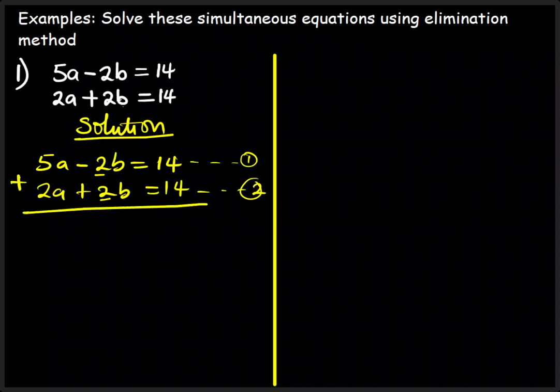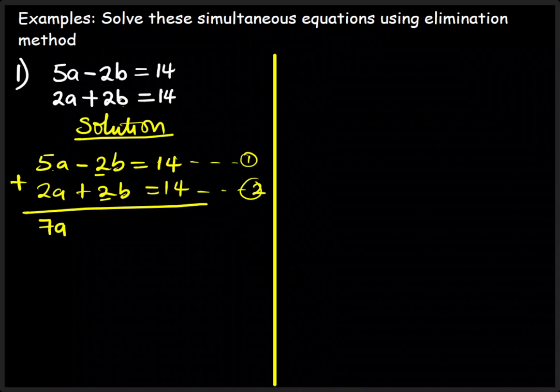All right, so if we add these equations, 5a plus 2a will give us 7a. And then if we come to this side, we must take note of the minus signs.